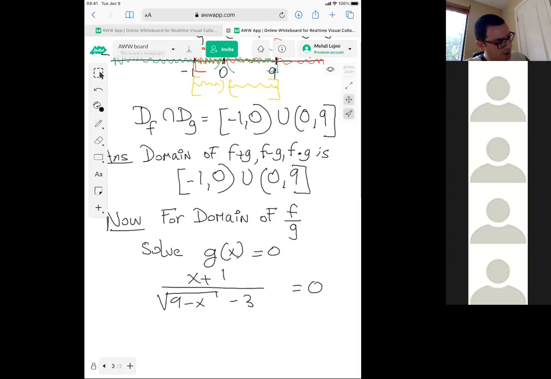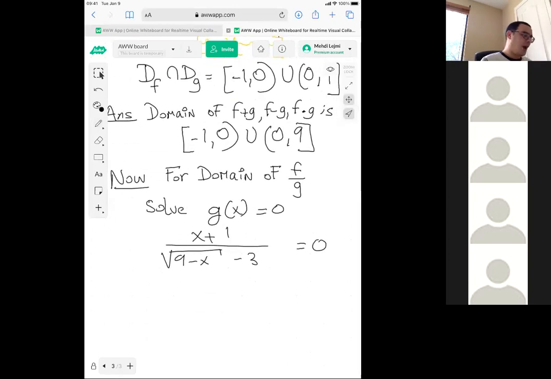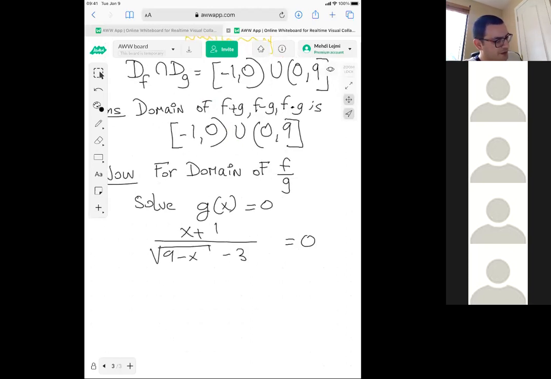All right, so we have to solve this fraction equal to 0, right? The thing is, guys, when you solve the fraction is equal to 0, it means that the top is 0. Because if the top is 0, 0 over any non-zero number would be 0. So this is like a rule, okay?